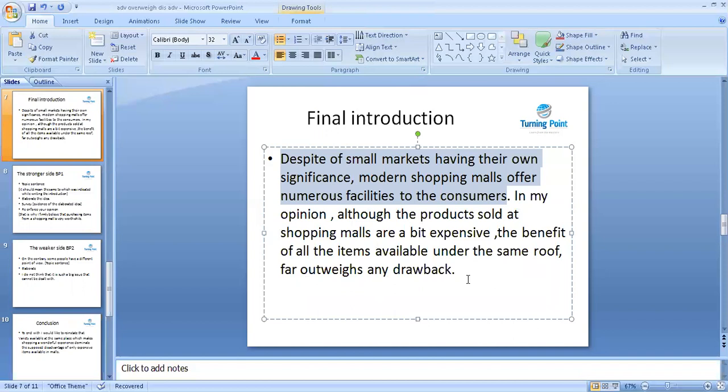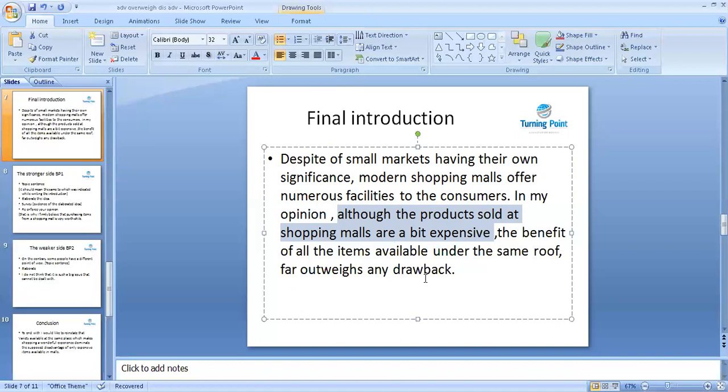So what we did is we said, although there is one disadvantage, yet looking at the advantage, I feel that the benefits are more than the drawbacks.